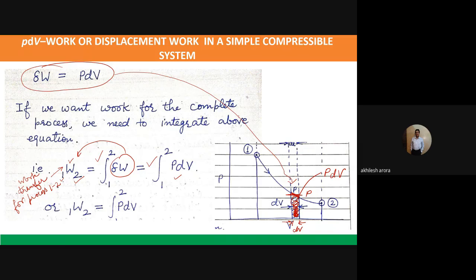So you have to write in this fashion: first W, then 1, then 2. It means work transfer for the process 1 to 2. And on the right hand side, this is the integral from 1 to 2 of PdV. So this is the final equation that would help me in calculating the work transfer for a particular process in a closed system.